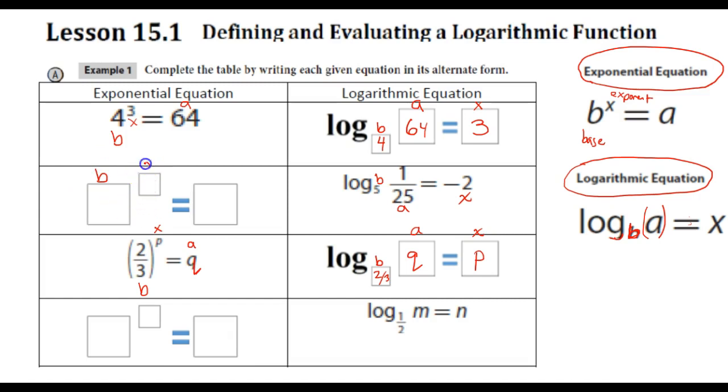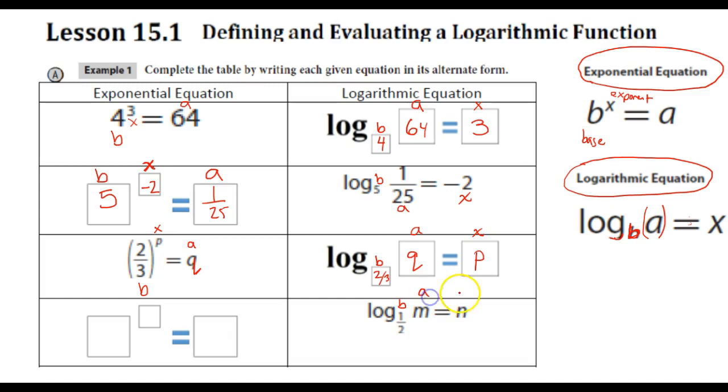My exponent's a little bit smaller since it's in the exponent's place, and my a value. So what's going to go here for base? 5. What's going to go here for my exponent? -2. And what about for my a value? 1/25. Awesome.